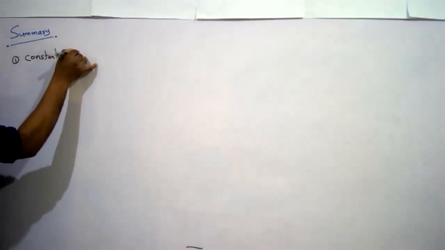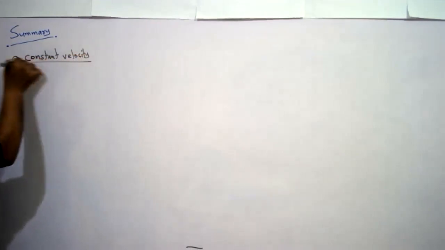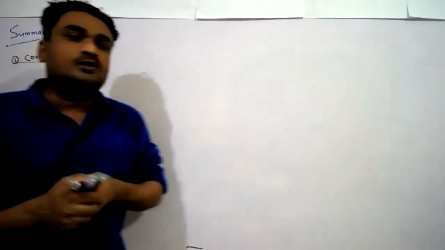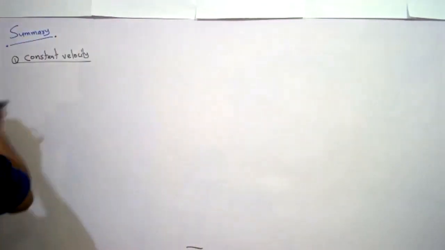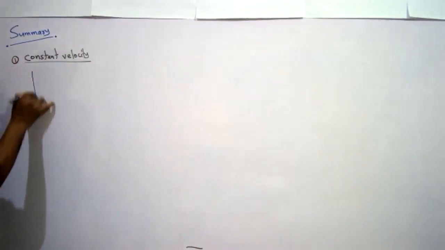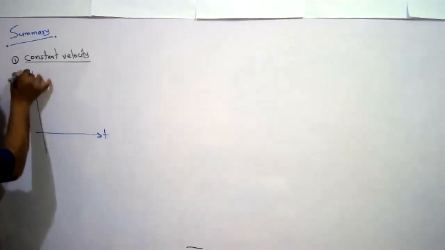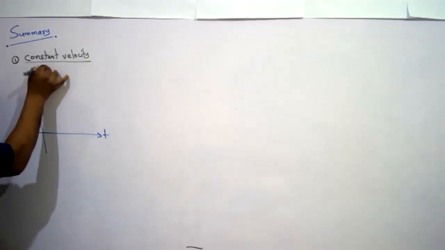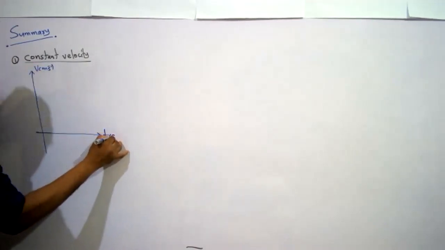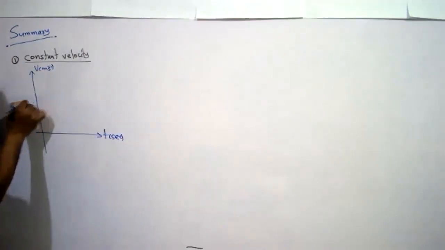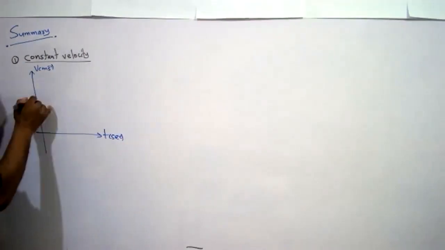Constant velocity. How do you represent constant velocity in a velocity time graph? That's the graph that we learned last week. In a velocity time graph, it's simple to represent constant velocity: just a straight line like this.